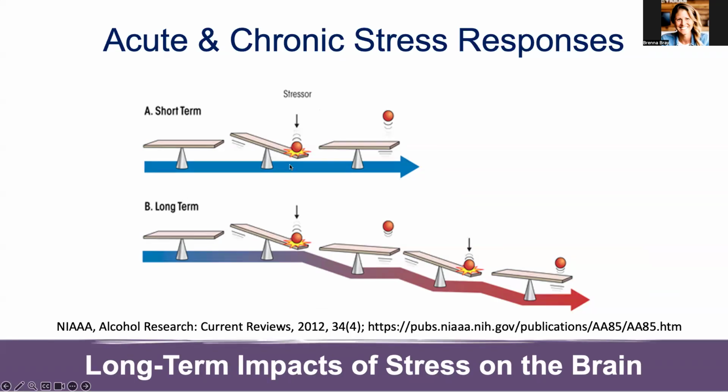And so with a normal short-term stress response, we get the stressor and we bounce right back. But if we're exposed to repeated stress, or chronic stress, or really extreme stresses, or especially stress in childhood that is repeated or chronic or extreme, we kind of lose the ability to bounce back, right?